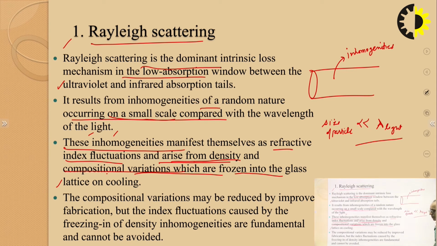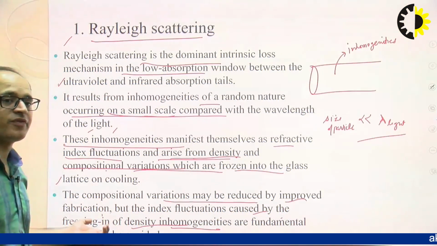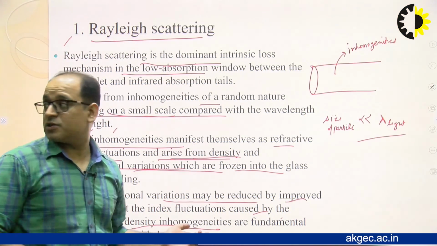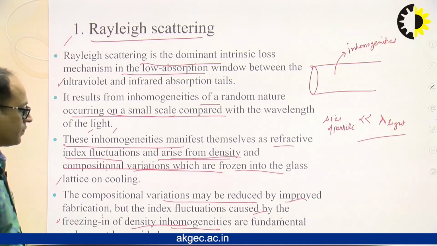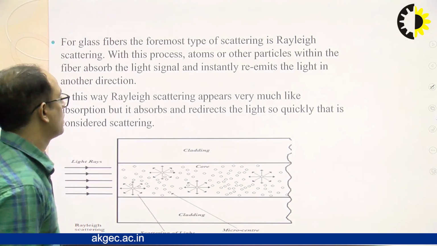So this compositional variation may be reduced by improved fabrication techniques, clear, but index fluctuation caused by the freezing in of the density inhomogeneity cannot be avoided, as this is a process which we have to follow for the manufacture of the fiber cable, and this process can also cause the inhomogeneity, clear.